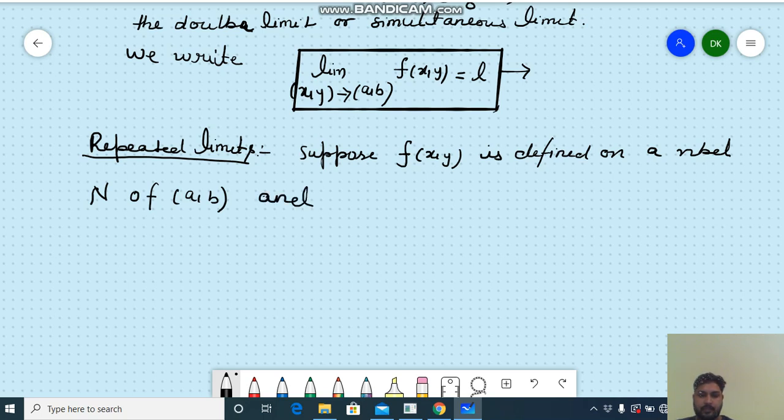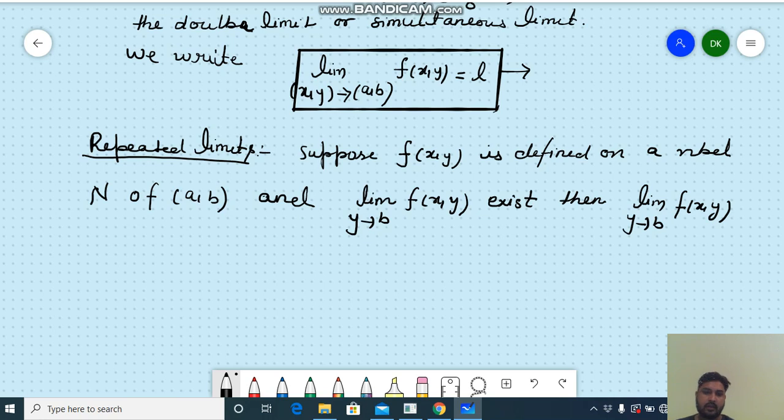and limit y tends to b of f(x,y) exists, then the limit y tends to b of f(x,y) is a function of x only.